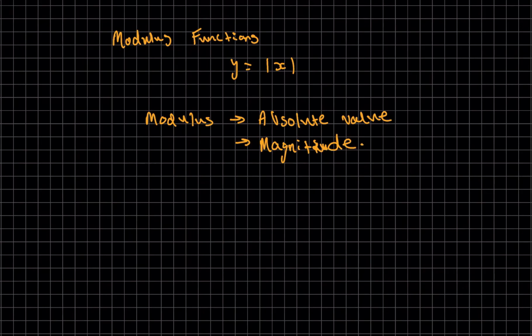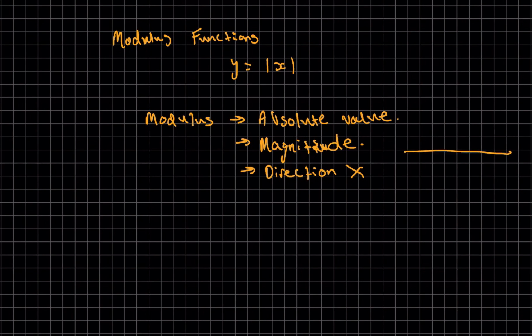So essentially, we are ignoring its direction. We are ignoring the sign out the front of the number. So when we're finding the modulus or the absolute value or the magnitude of a number, we are simply being asked, where does it lie with respect to 0 on a number line without caring for the direction?